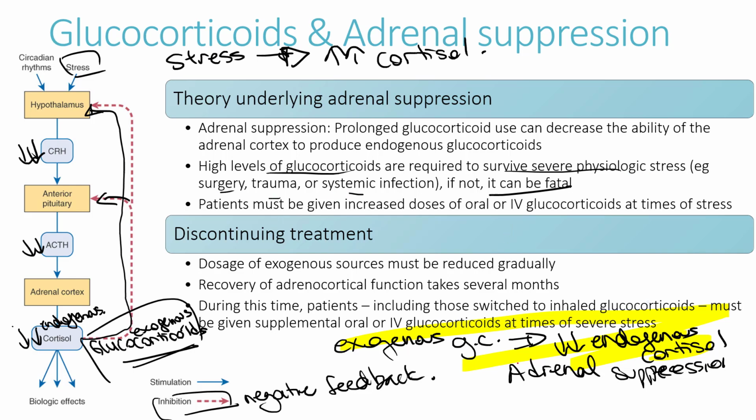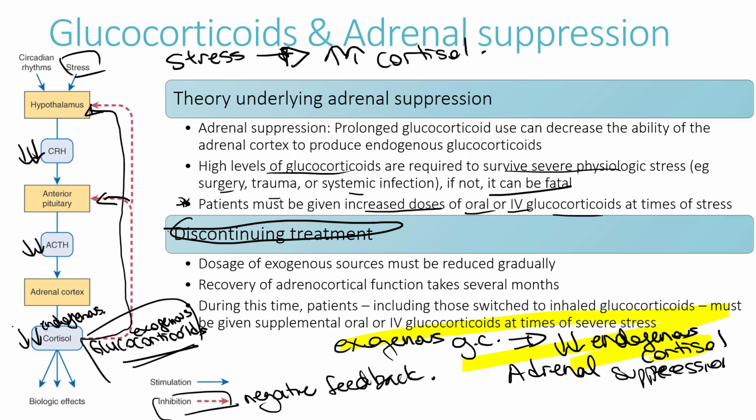So because this adrenal suppression occurs, patients who are taking exogenous glucocorticoids and are under stress must be given increased doses of oral or IV glucocorticoids to actually make up for that lack of increased endogenous cortisol.